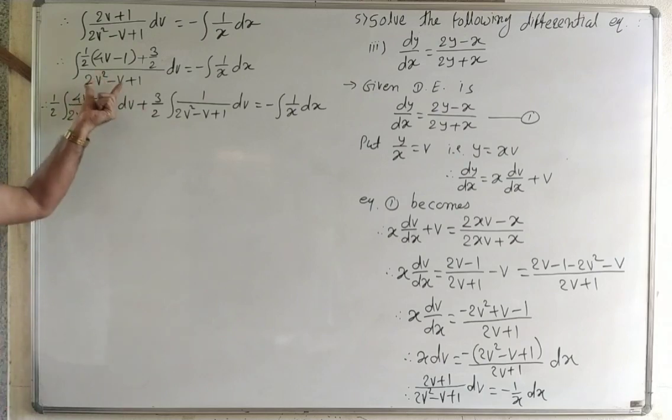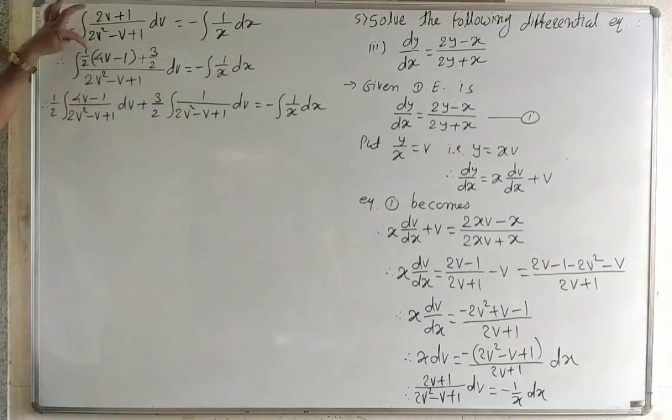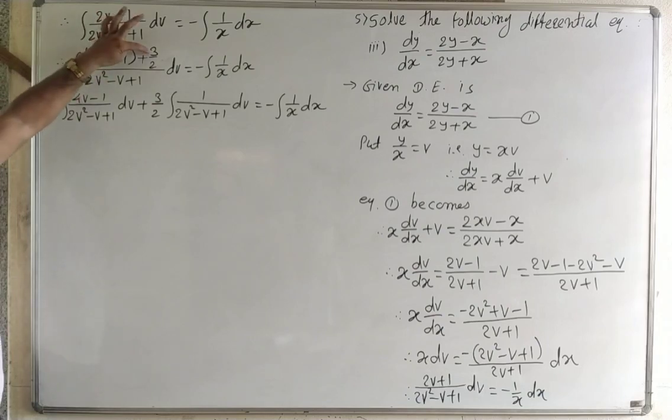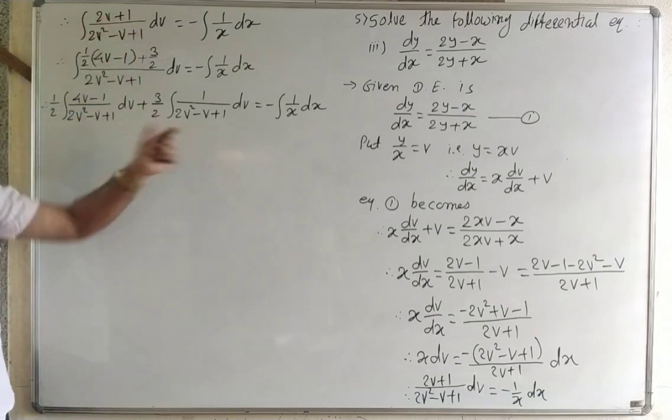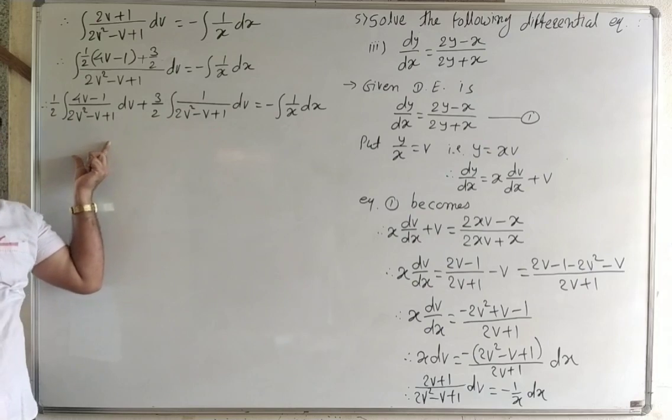Here we separate the denominator of these two terms: 1/2 of (4v − 1) upon this term, and 3/2 upon this. Now we get two integrals.